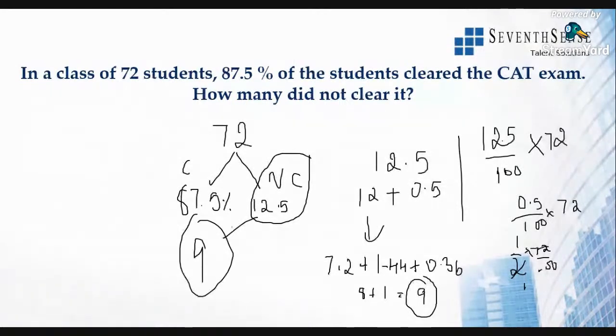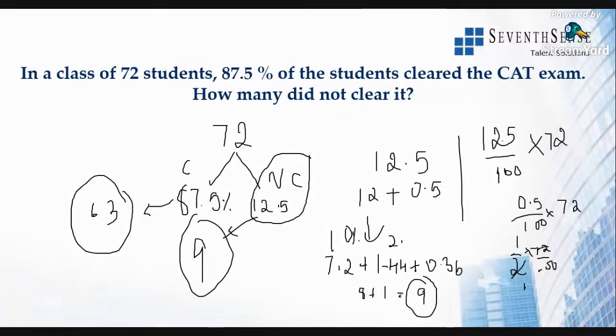Then 87.5% is nothing but 63. So 63 students cleared the exam. All right, you can use this particular method. 12% is 10% plus 2%.